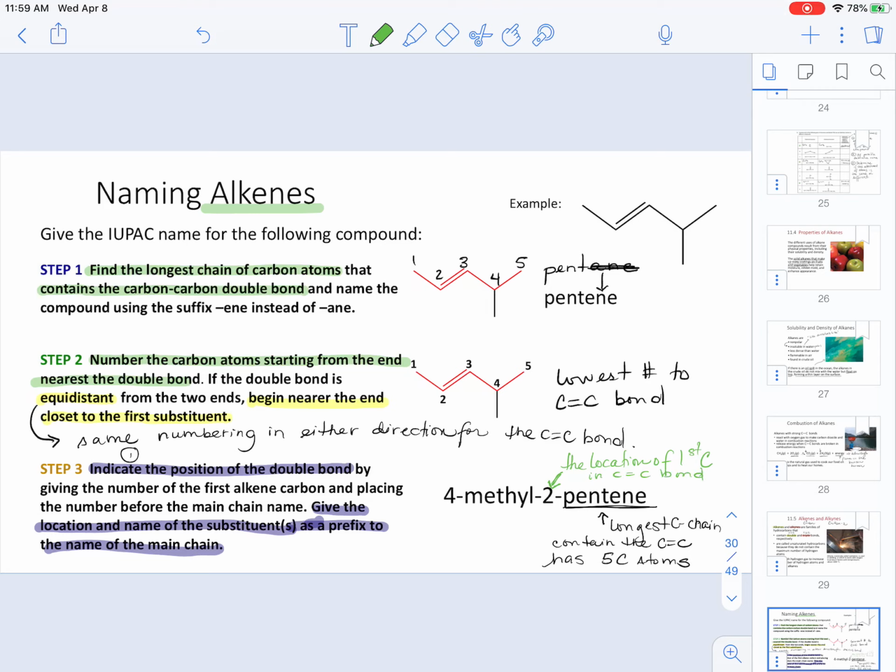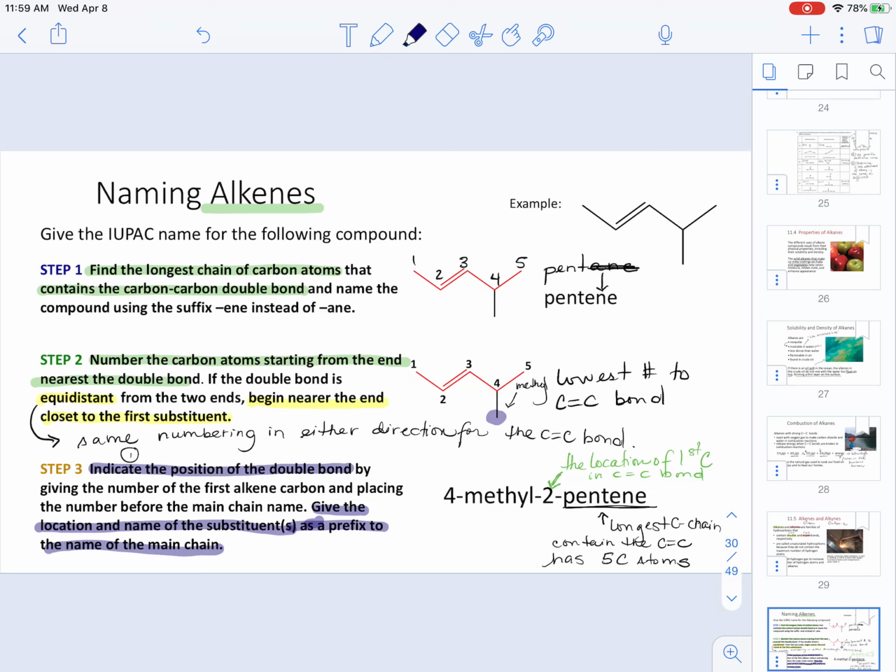Then in this system, which I'm going to be highlighting in purple, this is going to be the substituent that is present. That substituent, as we learned previously, is a methyl group. And that substituent is going to precede the name of the longest carbon chain and the location of the first carbon in the carbon-carbon double bond.